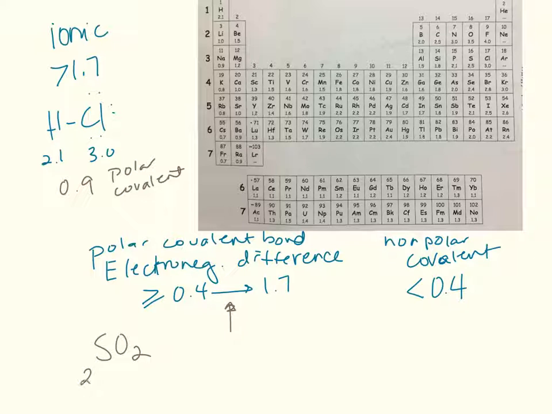Sulfur has a value of 2.5, and oxygen has a value of 3.5. So the electronegativity difference is going to be 1.0. And so that's definitely going to also be a polar bond.